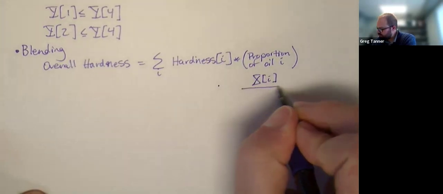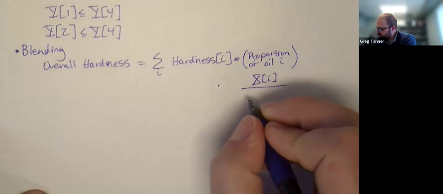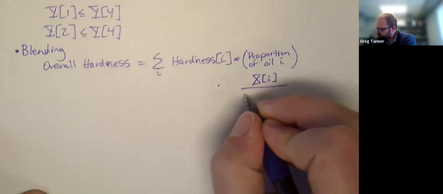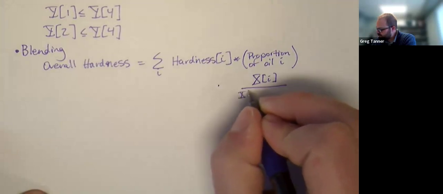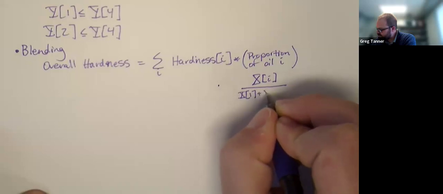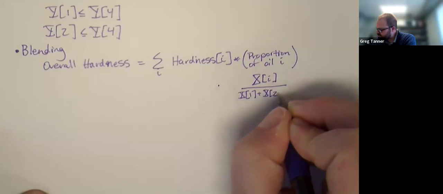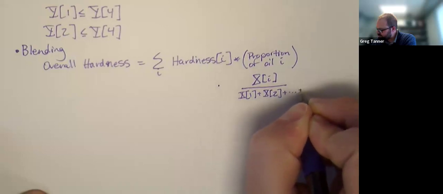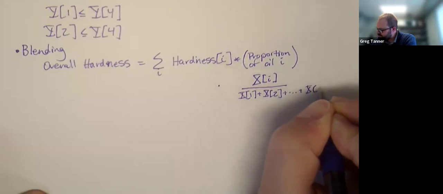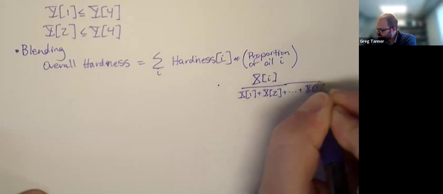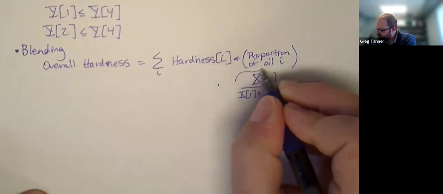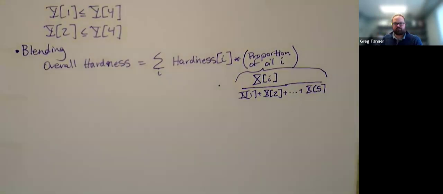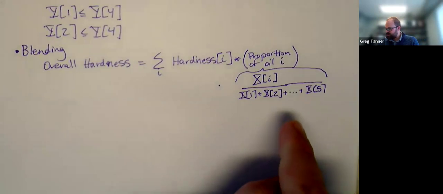And the total amount of oil used is going to be, here, I'll write it out, x1 plus x2 plus dot, dot, dot, plus x5. So that's the overall hardness, combining the individual hardness and our variables here.